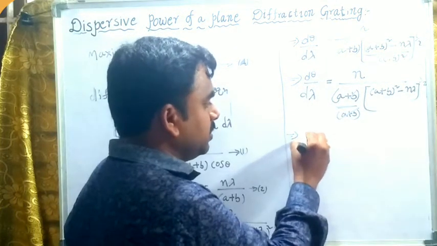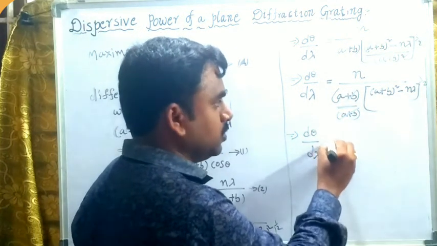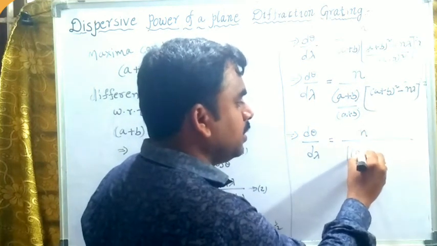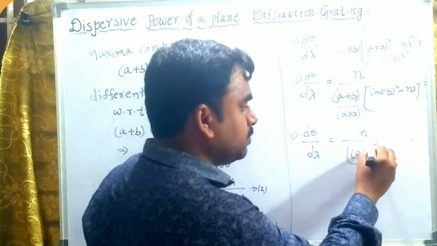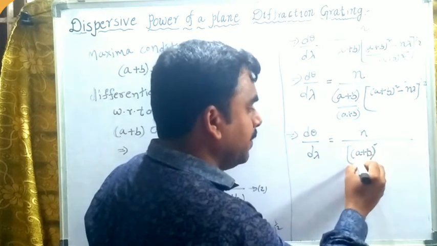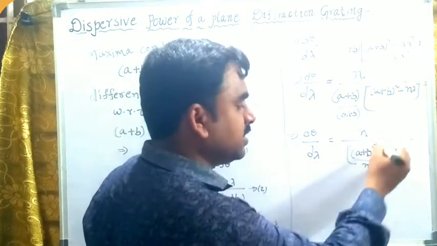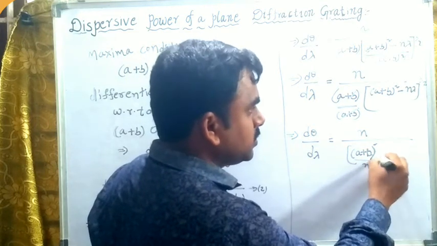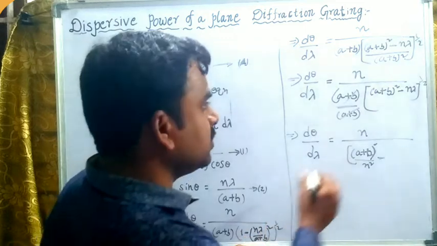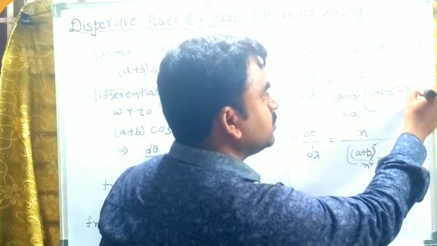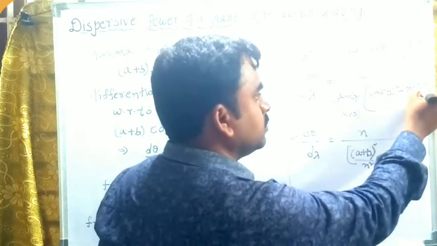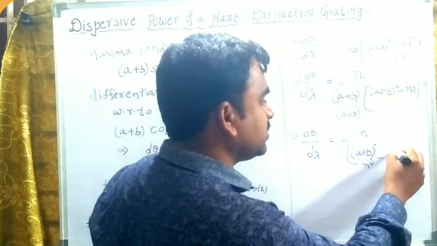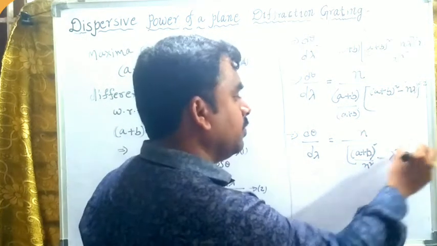That implies d theta by d lambda equals n by (a plus b) whole square by, suppose here I am taking n as common, automatically it becomes n lambda whole square only. I am taking n square as common from the whole power 2.